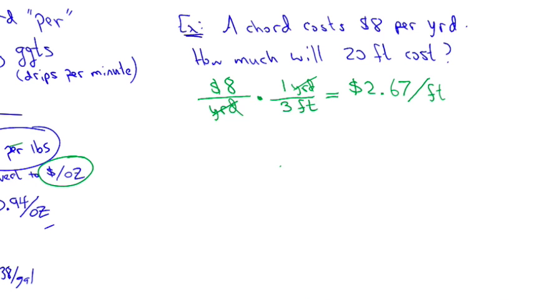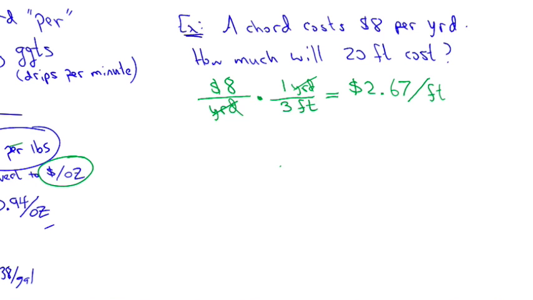So if we do this on a computer, are we going to have to put per foot? Well, on some of these it'll just say next to the box per foot. Oh, okay. It already has. If I want you to put the unit in, it's kind of hard for that one because technically the unit is dollars per foot. But usually you put the dollars on the left and the foot on the right. Some units you put everything on the right.